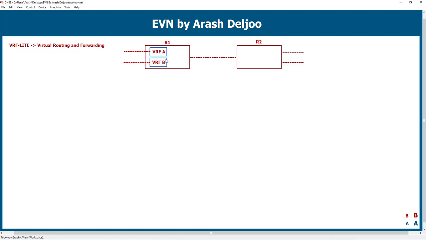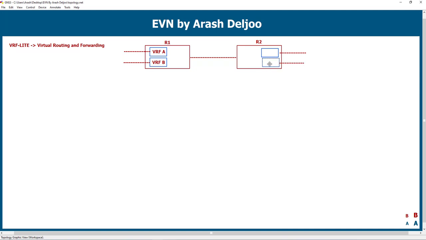Assume that here in router 2 we also have two VRFs, VRF A and VRF B, and these VRFs are now connected to the physical interface. In R2 also, such as R1, we need to create two virtual networks.